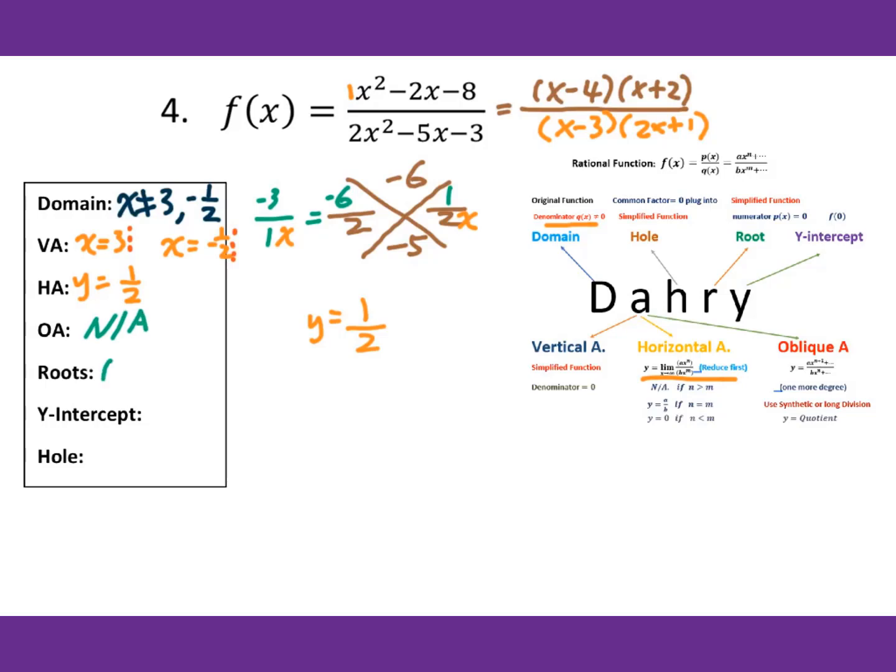For the roots, we got (4, 0) and (negative 2, 0). For the y-intercept, we plug x equals 0 into this rational function. This is 0, 0, 0, so we got (0, 8/3). There are no holes because we don't have a common factor to be reduced.